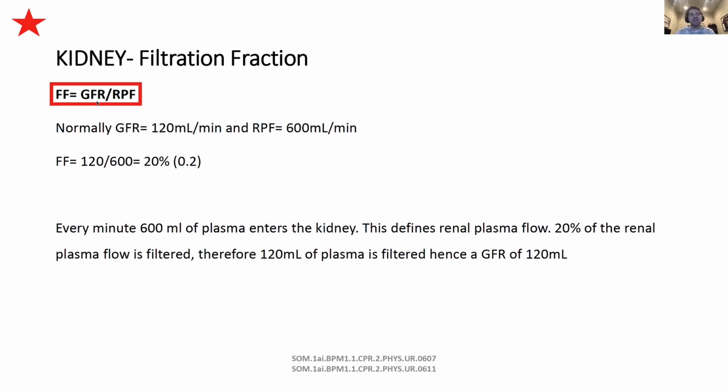The first step is you put it in the equation that I gave you, subtract the hydrostatics minus the oncotics, and then you'll get filtration fraction. Then you'll move this over to the other side and multiply, and you'll get GFR. So there are two equations you'll have to use for that situation, but that's a good way of calculating GFR. Figure out the filtration fraction, they'll give you renal plasma flow, and you'll have to determine GFR.